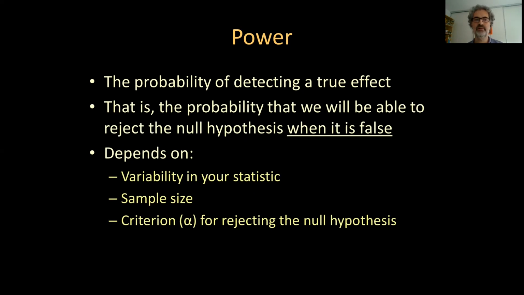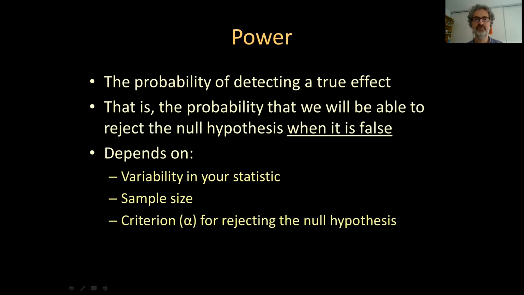And of course, power depends on the criterion for rejecting the null hypothesis. If you have a very loose criterion for rejecting the null, then you will have higher power. If you have a very strict criterion, then you will have lower power because the threshold will be higher before you can declare rejection.